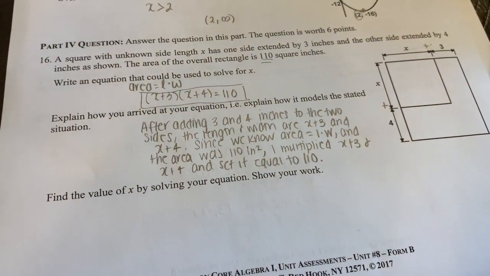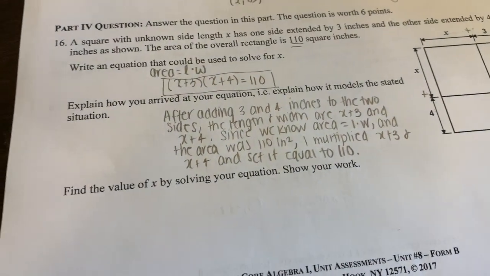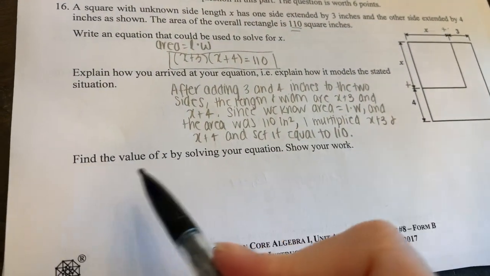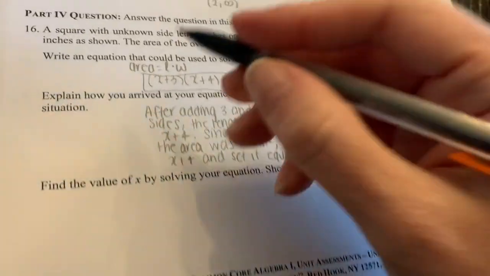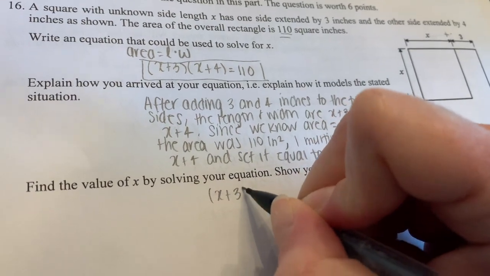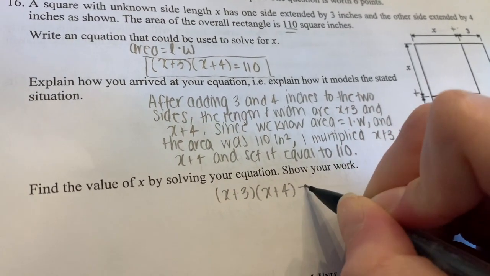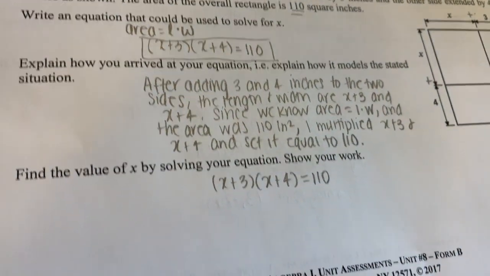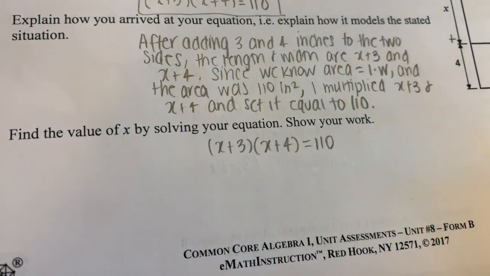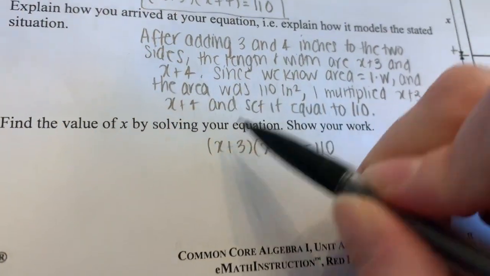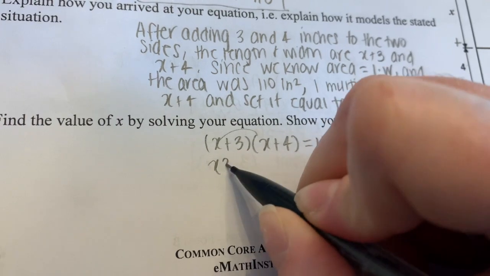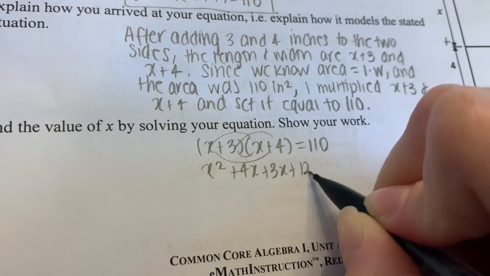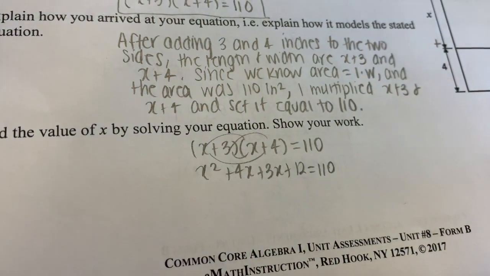Now finally what we're going to do is solve for x. Instead of finding the length and the width, we're just solving for x, so be careful. Again, make sure you always know what you're looking for. So we have x plus 3 times x plus 4 equals 110. First we want to set this equal to 0. I can't just subtract this though, so I actually have to multiply first. So this is x squared plus 4x plus 3x plus 12 equals 110, okay?